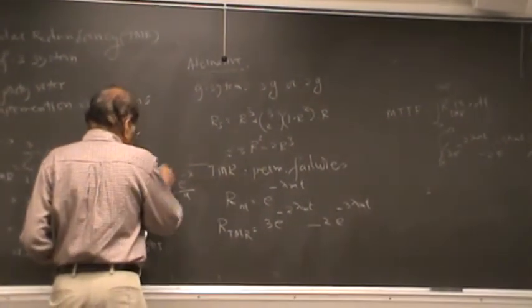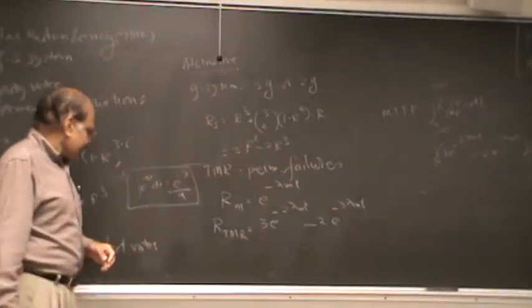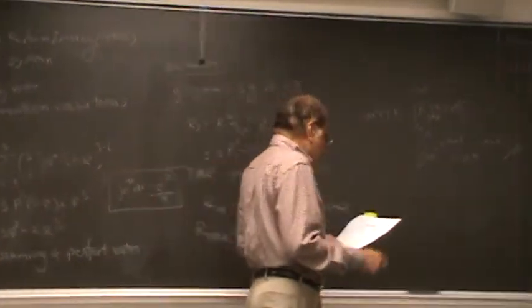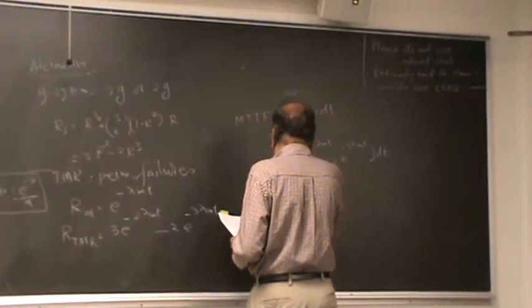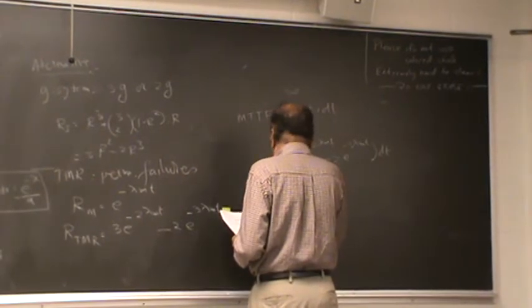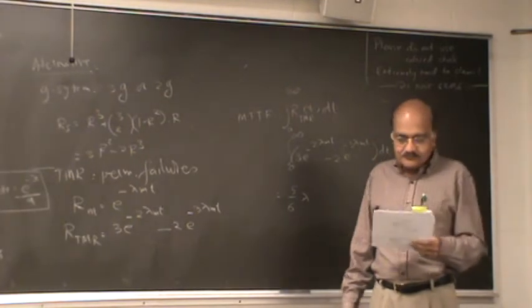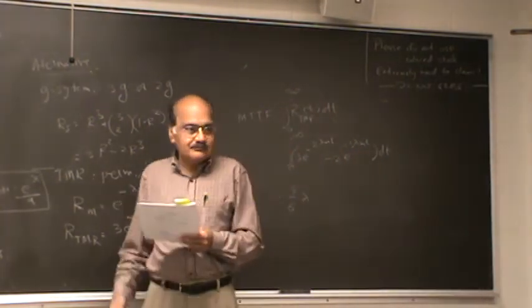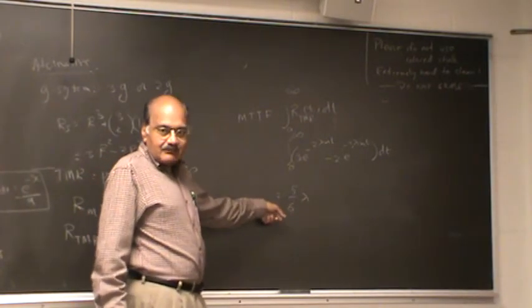Yeah, that is true, I forgot about the minus sign. You have to have a minus sign there. So you put that in, take a few seconds, and you get 5 by 6 lambda. Is that good or not? Does it look good? 5 by 6 lambda?